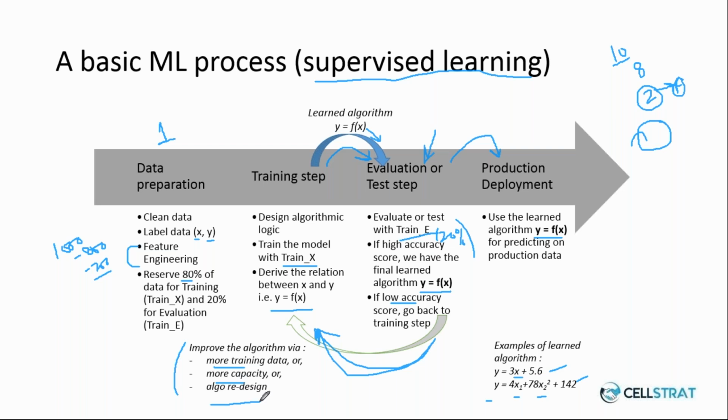If that doesn't do the trick either, I might try artificial neural networks, right? So I could change the algorithm, I could change the complexity or capacity of the model, or I could increase the amount of training data available to try to have more accurate model training. Okay. So when I'm retraining, I generally try to change something, right?